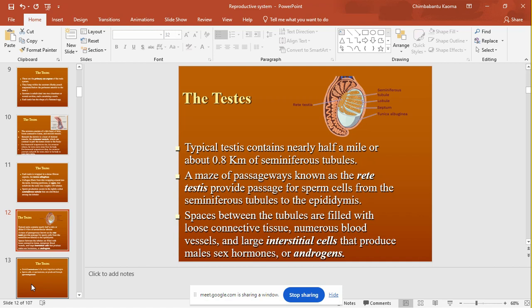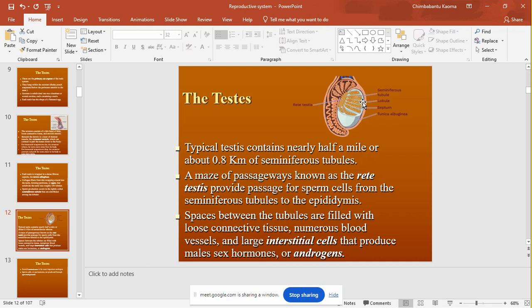So we've already said that spermatogenesis will take place in the seminiferous tubules, and once the spermatozoa are produced, I do have this diagram for illustration. As you can see, this is the testis in blue, and inside this testis are partitions.